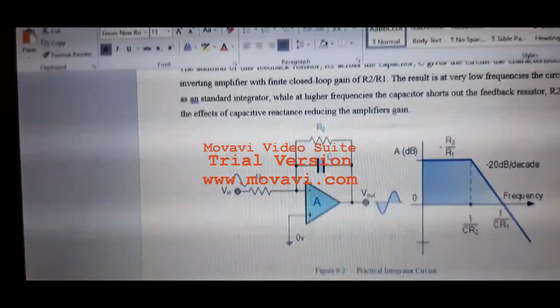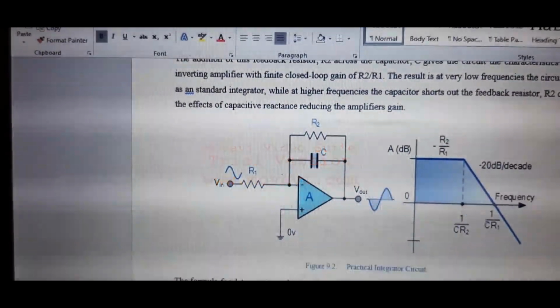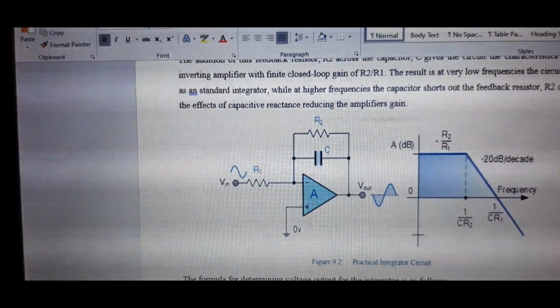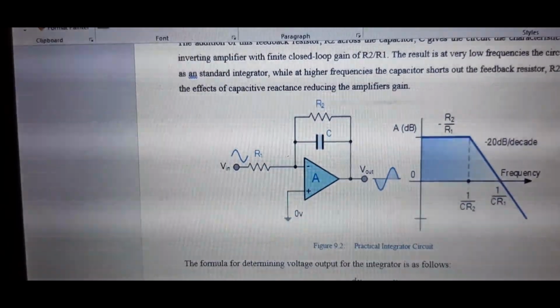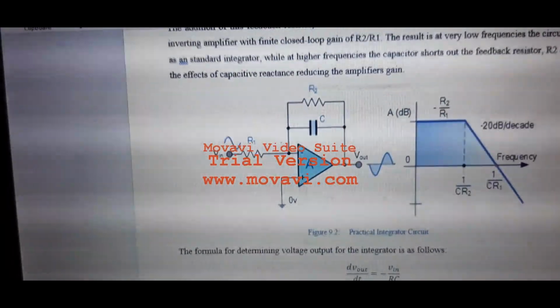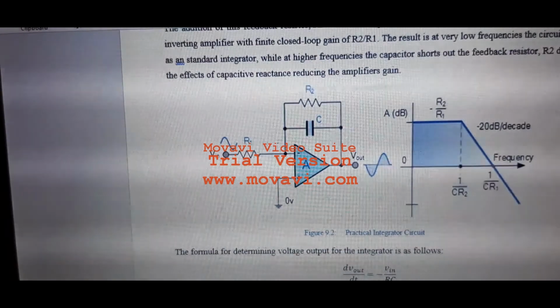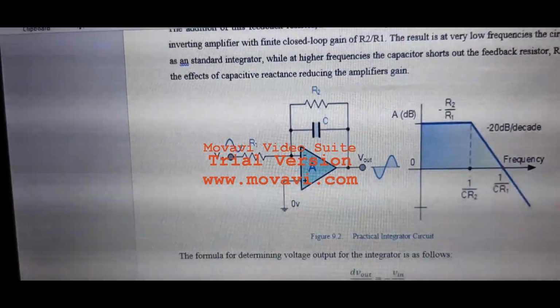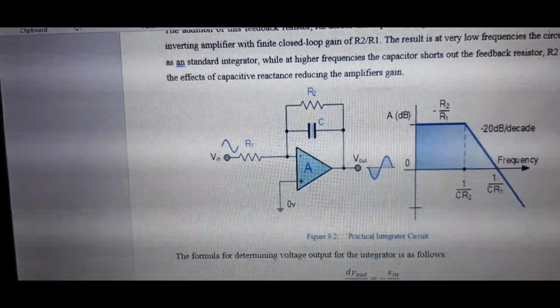So at this point, just the R1 and R2 resistors are present and act as an inverting amplifier, which will provide some gain, and the amount of the gain will be minus R2 by R1. And at high frequency, when the capacitor shorts, the effect of R2 will be neglected, and it will act as a pure integrator circuit.